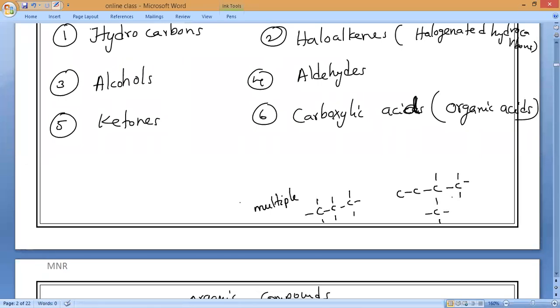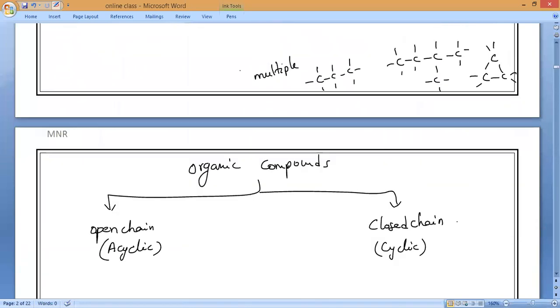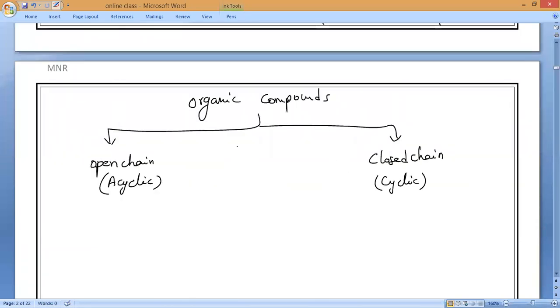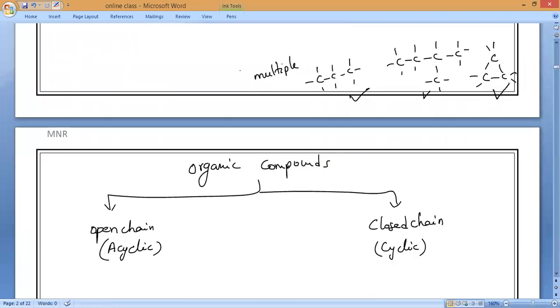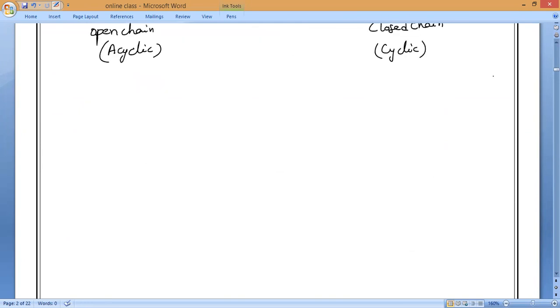Next one is closed chain. So whenever it takes, all the compounds are classified. Open chains means straight chains and branched chains will come. Closed chains means closed shapes of carbons will form.